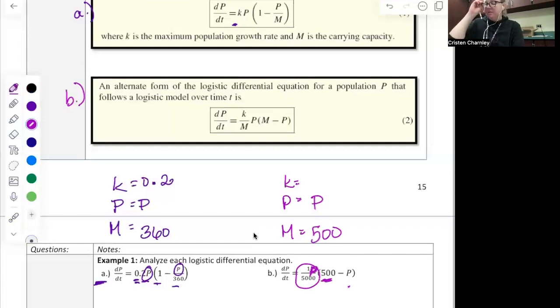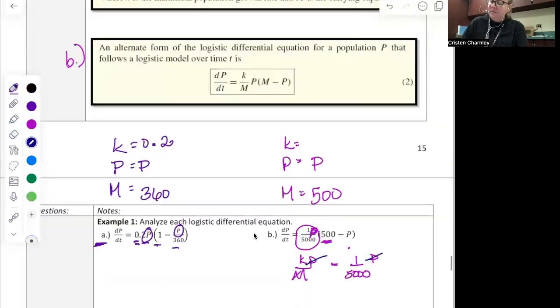Now, here's what's a little bit tricky about this one, and that's finding the k. So the k over M times P is what's equal to 1 over 5,000 P in this case. So you have to do a little bit of solving. I know that P and P can divide out of both sides.